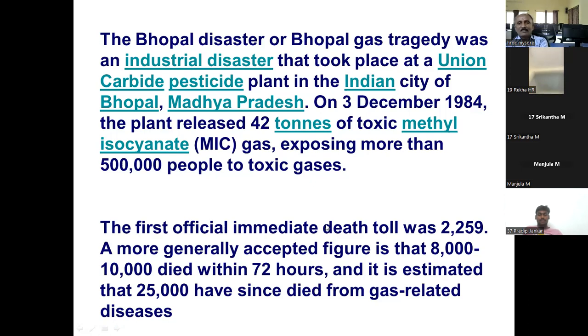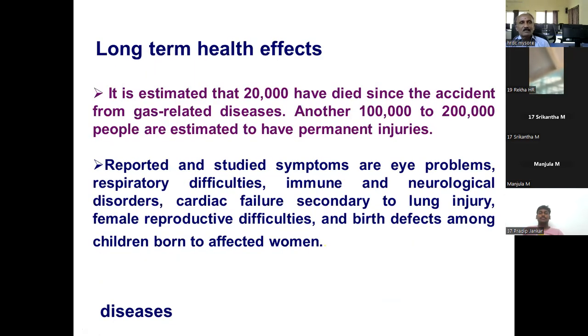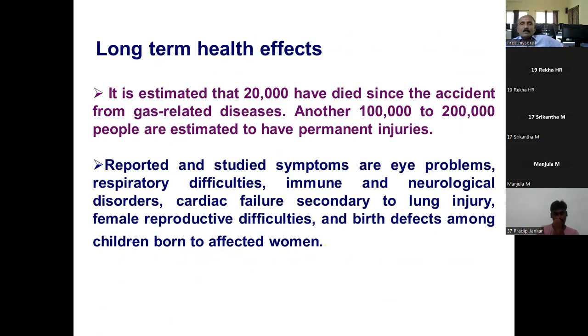You just imagine what type of disasters may be made by man nowadays very frequently due to such activities. And in those areas, more than 2 lakh people have been affected with permanent injuries, because whenever you are exposed to these chemicals, any part of your body may be affected.